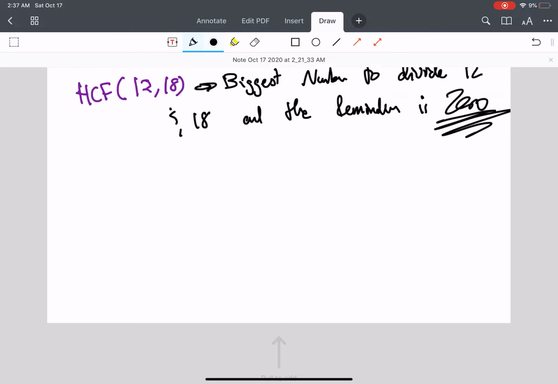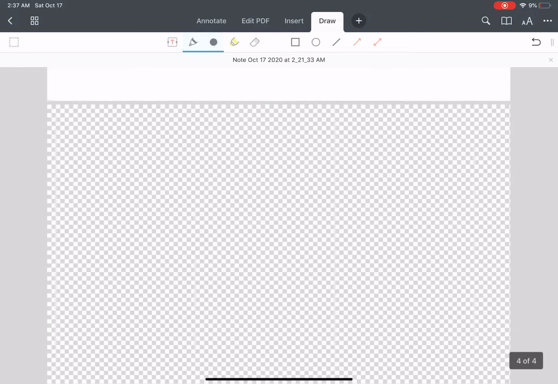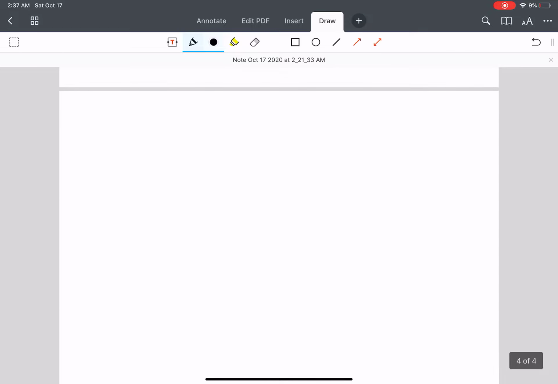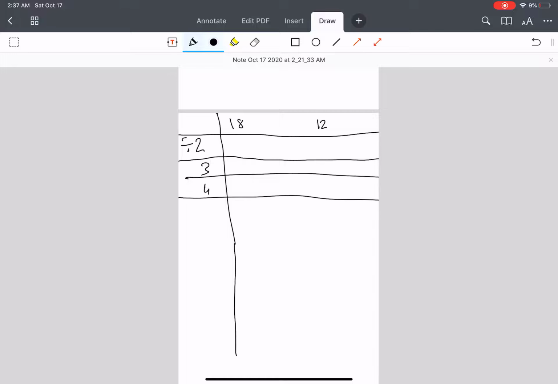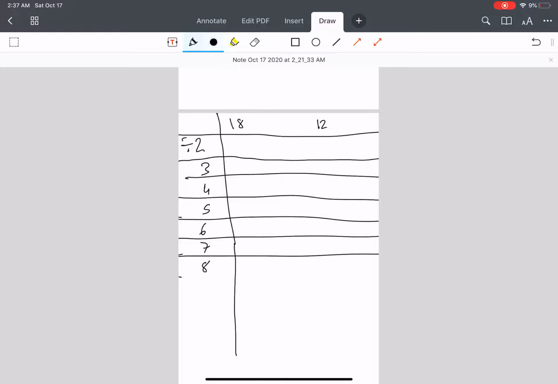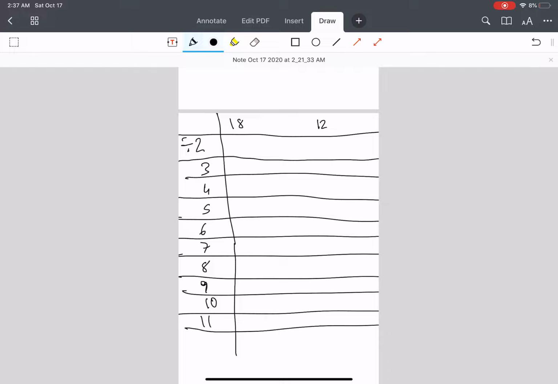Okay, let's try and solve it. Let's put here 18 and 12, and try to divide by different numbers: 2, 3, 4, 5, 6, 7, 8, 9, 10, 11 and 12.